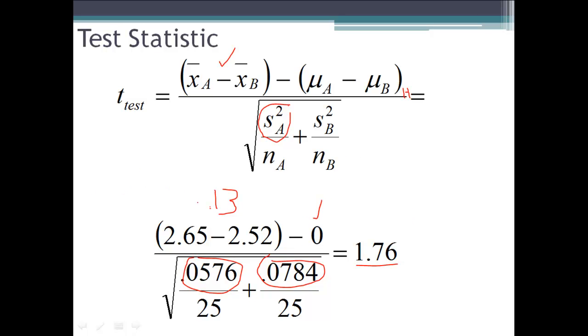So this 0.13 is 1.6 standard errors above 0. I think I'll go ahead and mention here, you'll see in many books and on the formula sheet that I have, I'm just going to leave it in there, two different formulas for standard error.